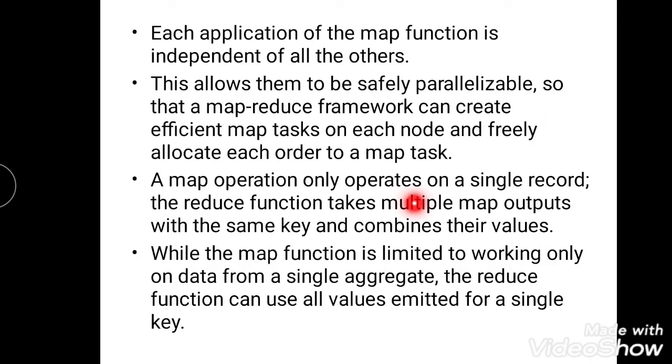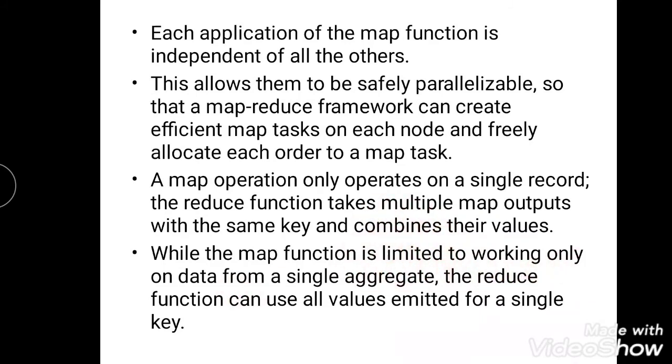Each application of the map function is independent of the others. It is done in a parallelizable manner, so that you can do things efficiently. A map operation only operates on a single record, and the reduce function takes multiple map outputs with the same key and combines those values.